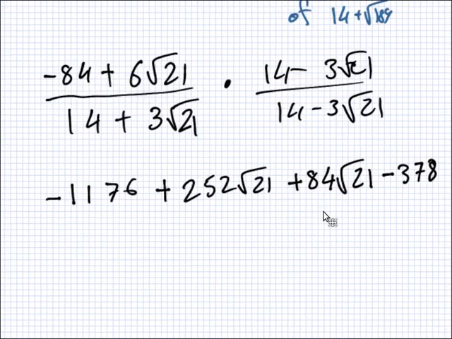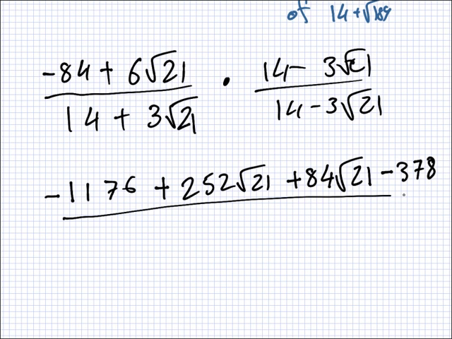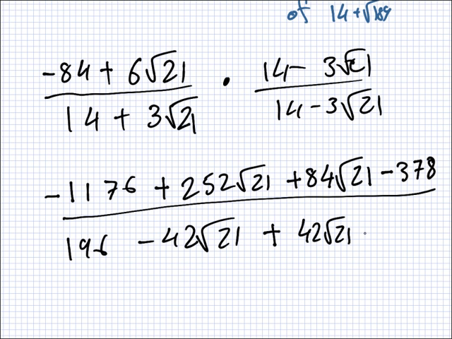Now, let's multiply out the bottom. 14 by 14? 196. And then in the middle, you get 14 by 3 root 21, 42 root 21. But look what happens. The next piece is plus 42 root 21.